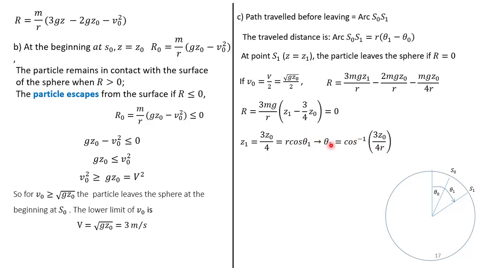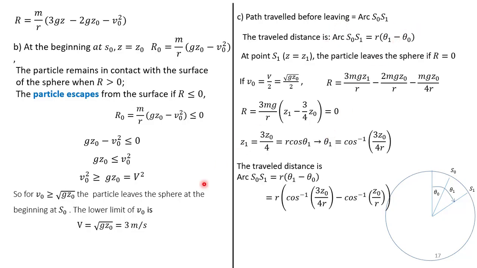We can replace theta 1 in this expression. So finally we can find the distance traveled on the surface of the sphere. It's equal to the arc S0, S1, which is R (theta 1 minus theta 0), where theta 1 is equal to this expression, and theta 0 is equal to cosine minus 1 of z0 over R, because z0 is equal to R cosine theta 0.